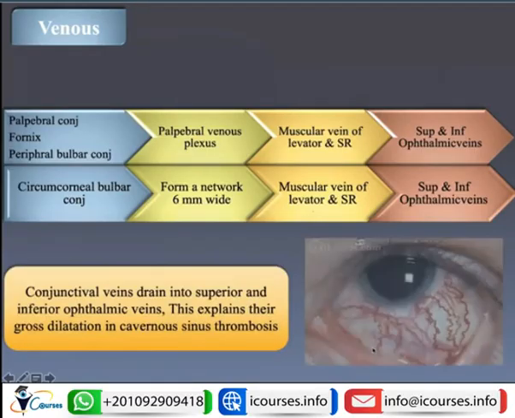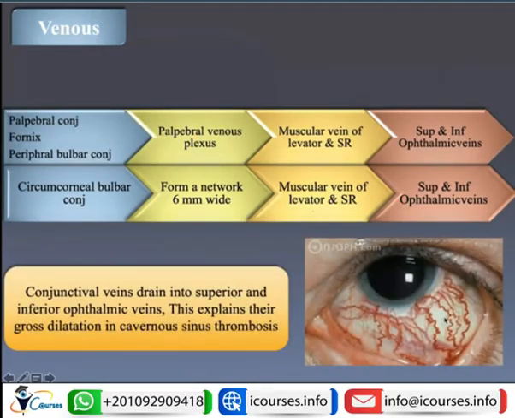Please note that conjunctival veins will be markedly swollen in case of any obstruction to the venous drainage. So the conjunctival veins drain into the superior and inferior ophthalmic veins, and these drain into the cavernous sinus.